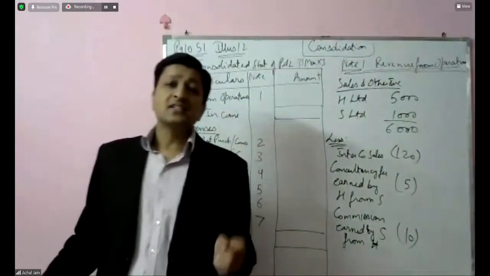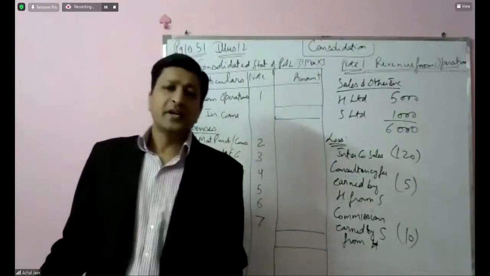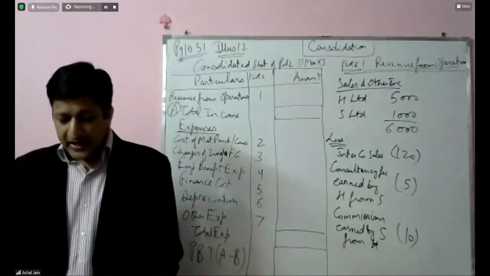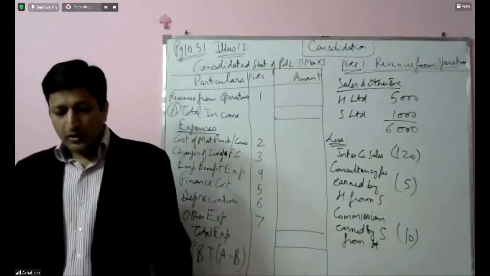Why are these getting eliminated? Because these are all intercompany transactions. So these need to be eliminated. So we get 5865 as the total amount.